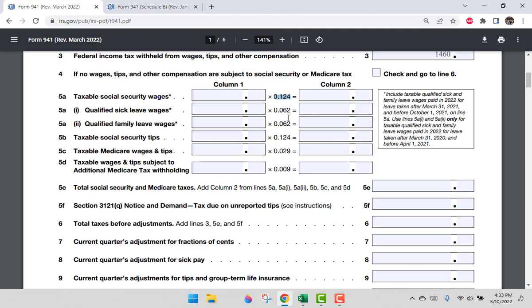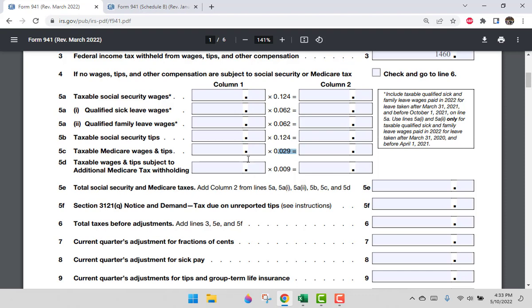You got to pay into that fund. They're charging 12.4%, or 6.2% the employer pays and 6.2% the employee pays, which is why it adds up to 0.124. So the Social Security is the one type of tax. The other one's the Medicare, which is at 1.45%, yes, 1.45% for the employee and 1.45% for the employer, to add up to 2.9%, which is right there.